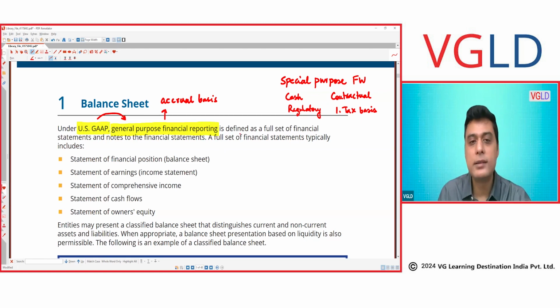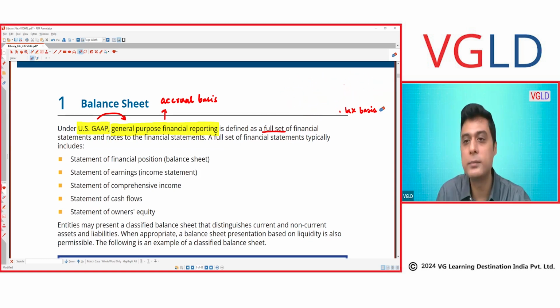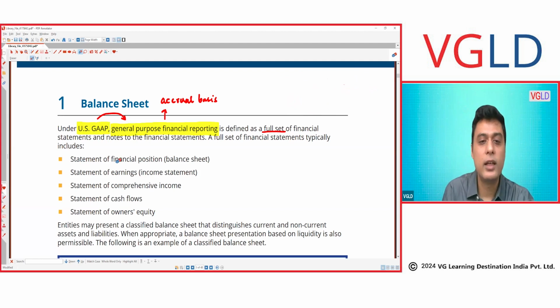It is defined as a full set of financial statements. Now let's stop here. What is a full set of financials? As you can see here, the bullet points: statement of financial position, statement of earnings, statement of comprehensive income, statement of cash flow, statement of owner's equity.